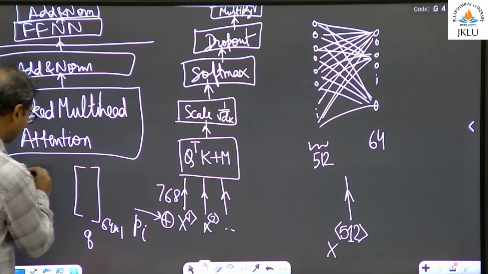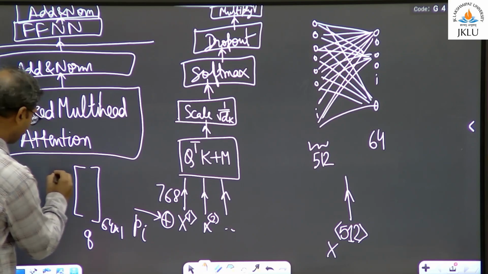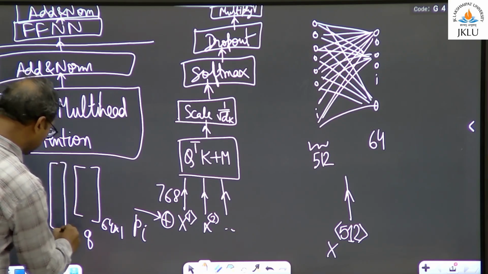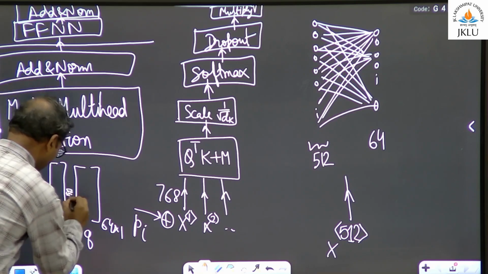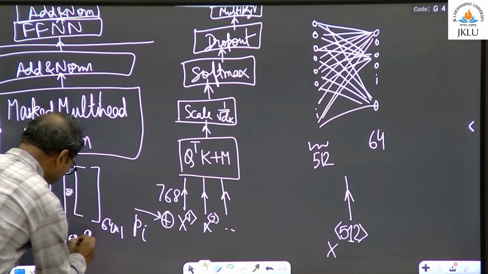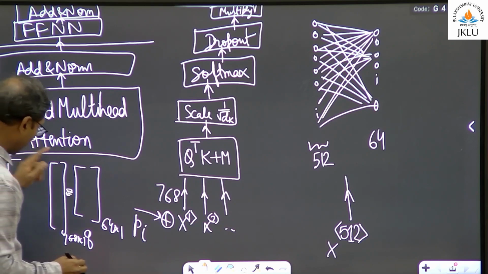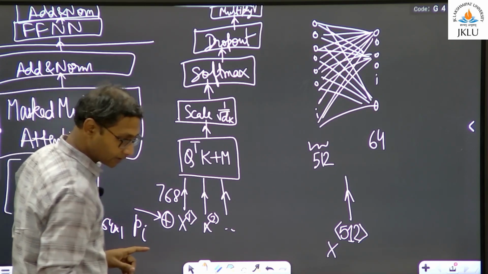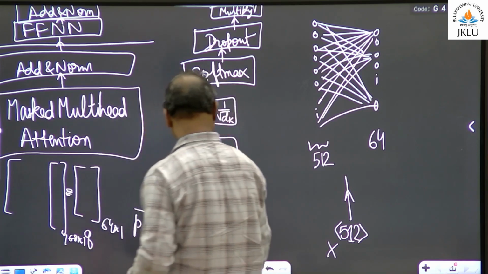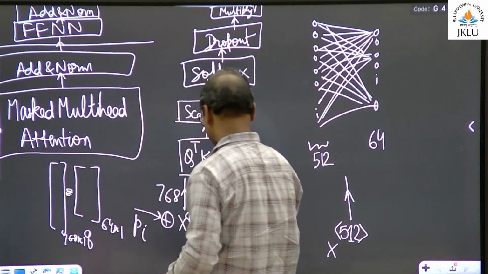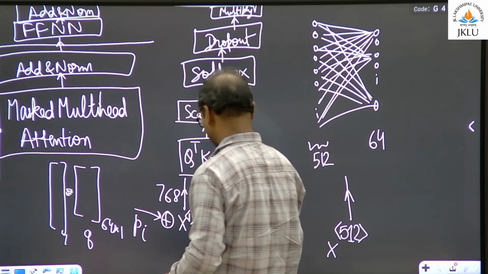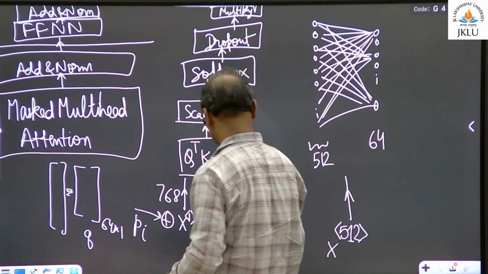I am multiplying this 768 cross 1, and I need 64 cross 1. How should I multiply?